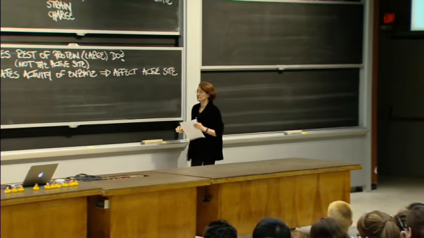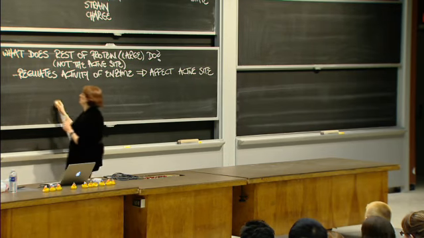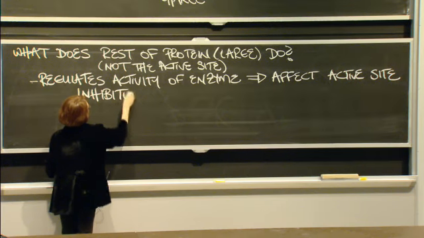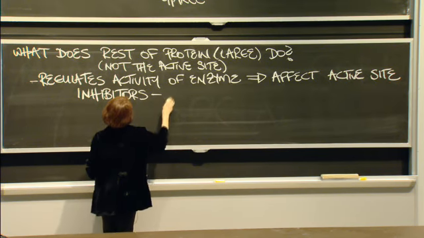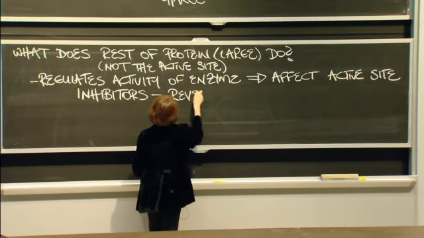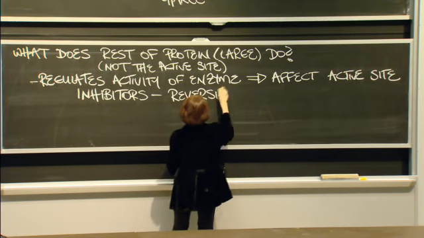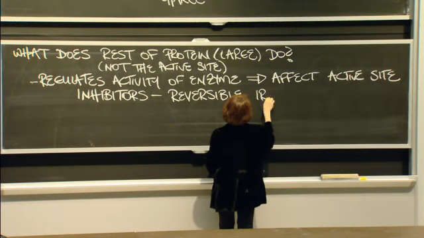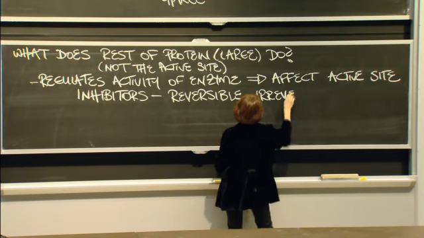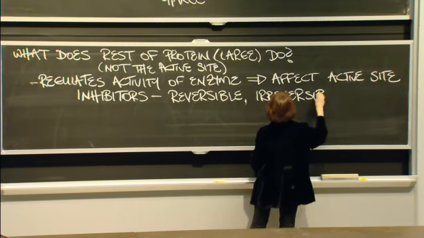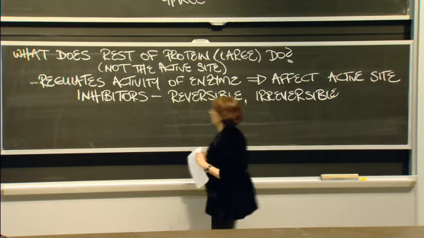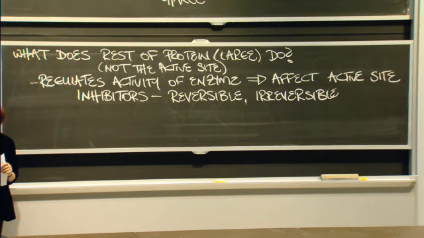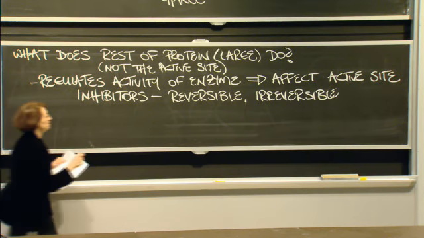And the way that this is done is through the use of inhibitors. I'll go through some slides in a moment. And there are two kinds of inhibitors. There are reversible inhibitors, and there are irreversible inhibitors. These inhibitors may be competitive inhibitors.